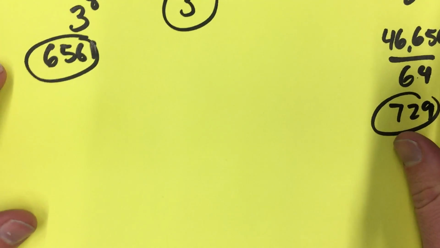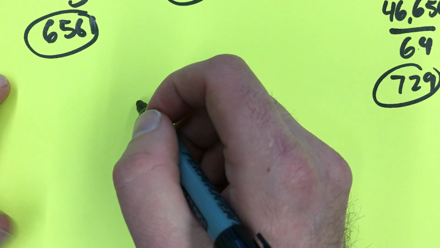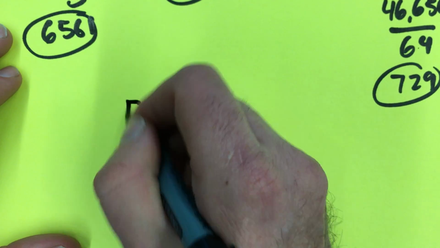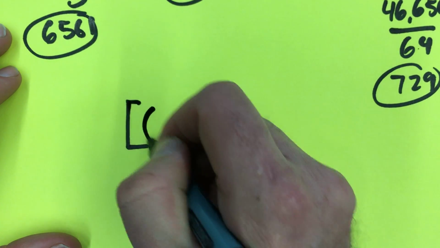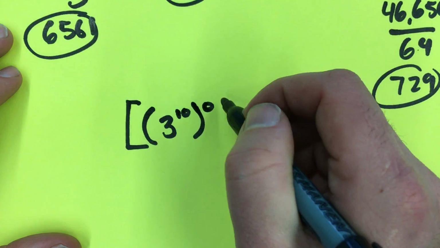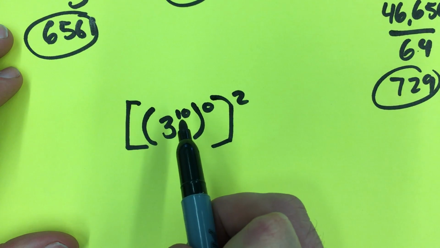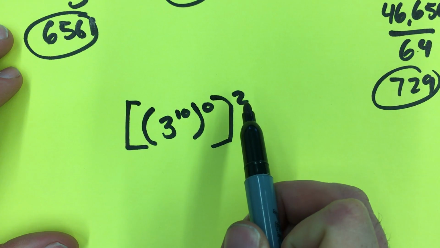Now the last example that I want to go over, and it was kind of a tricky one, but if you follow the 0 rule, you'll be fine. So it looked like this. So we had 3 to the 10 raised to a 0, raised to another 2.